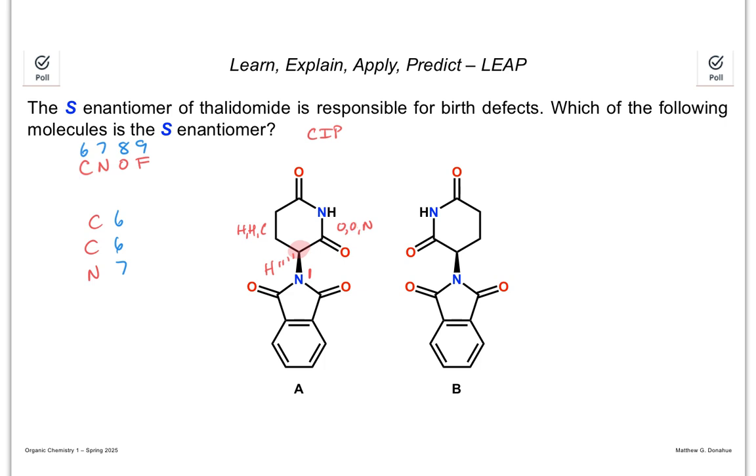So that's 2, that's 3. When we draw the circle, we find we're going counterclockwise, so overall that center is S. And because B is the mirror image, we know that has to be R.